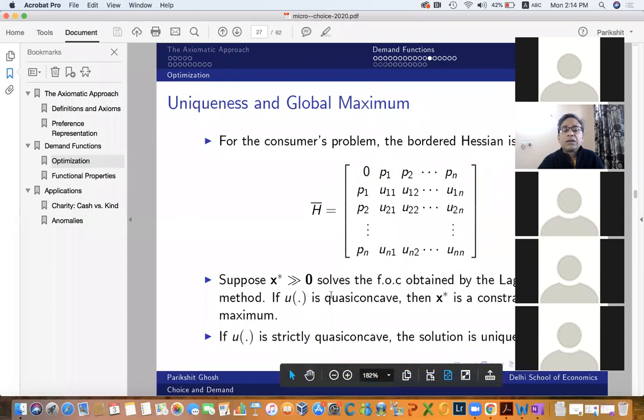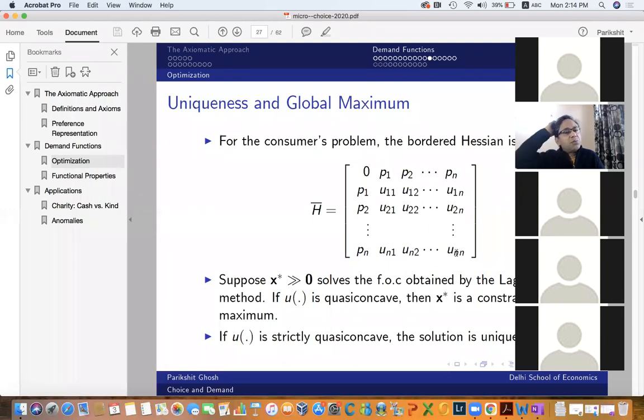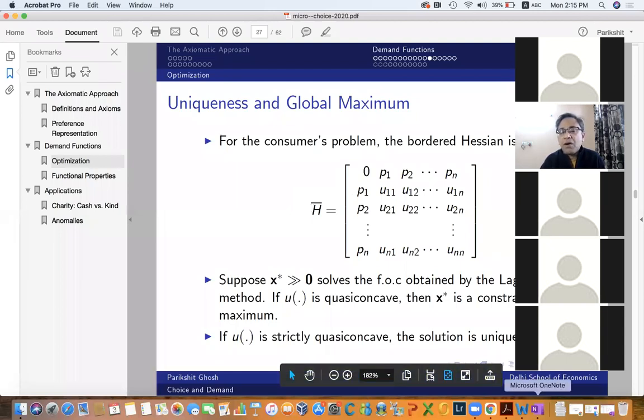Now, the theory of concave and quasi-concave functions in mathematics also tells us that if a function is quasi-concave, then the principal minors of this matrix will alternate in sign. So the bottom line is, if our strict convexity assumption holds up, then the second order condition is automatically satisfied at the point of optimum where MRS equals price ratio.